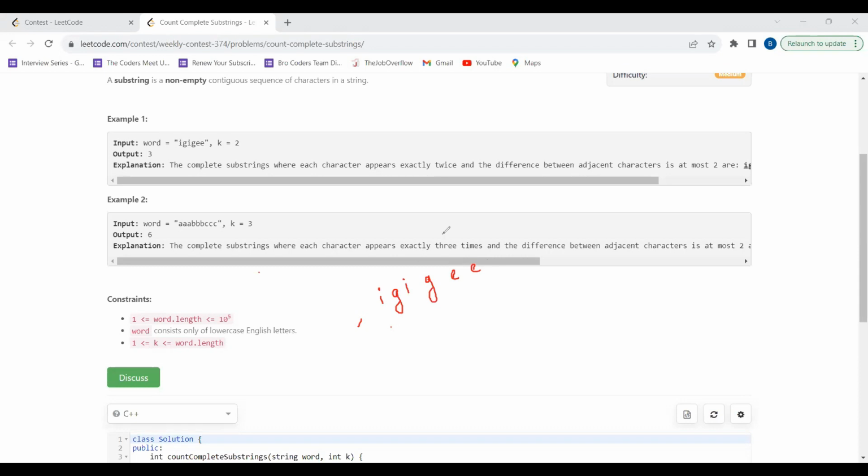It is 2. So I and G can be adjacent elements. There's no problem with that.